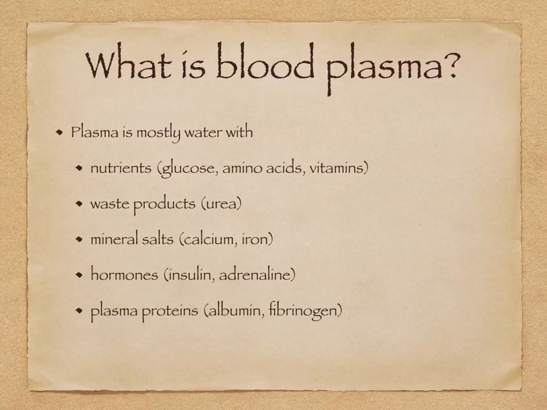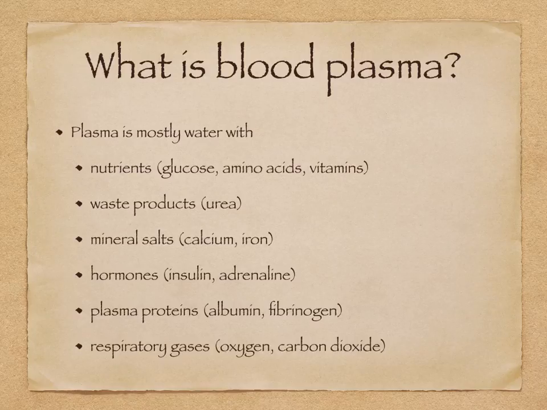Plasma proteins, for example, albumin and fibrinogen. And then finally your respiratory gases, oxygen and carbon dioxide. So between them, these chemicals make the plasma slightly alkaline, about pH 7.4.